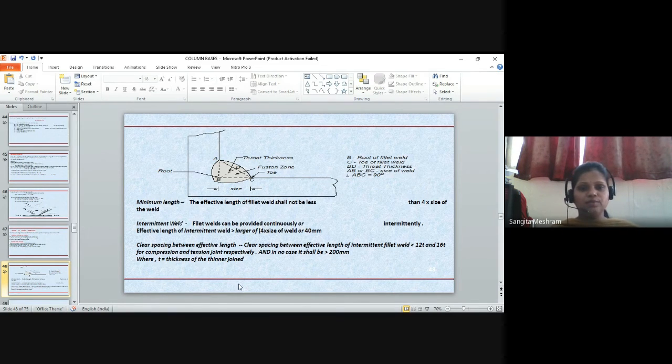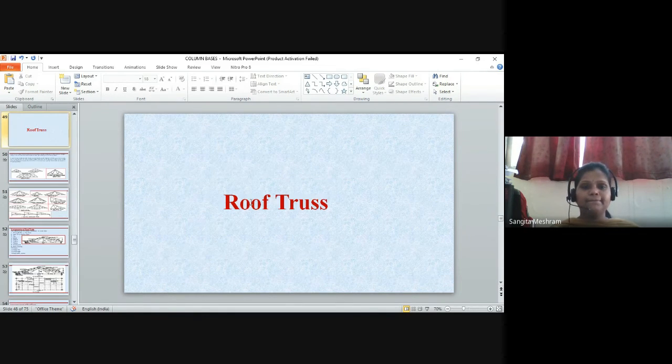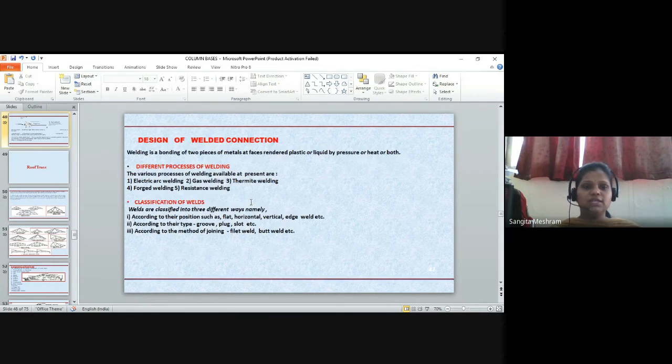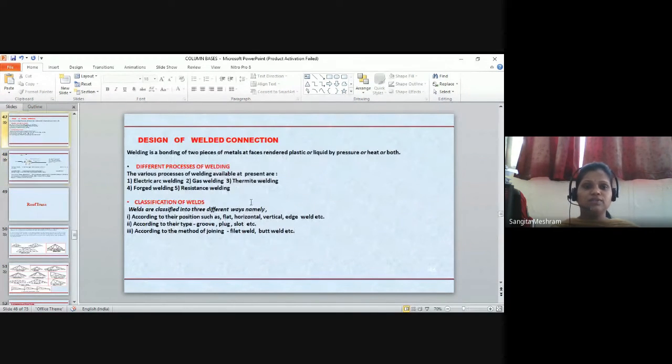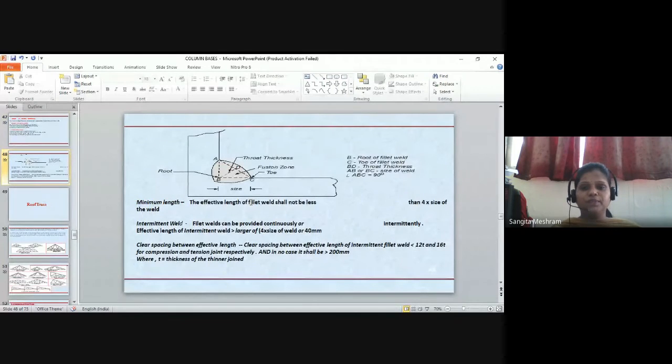So this diagram shows the throat thickness, then the root. This is the fusion zone. So these are related to the connection system. Here we first saw the riveted connection, then the bolted connection, then how to find out the strength of a bolt, and third is the welded connection.